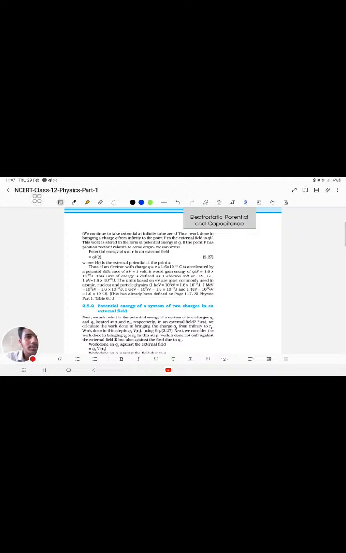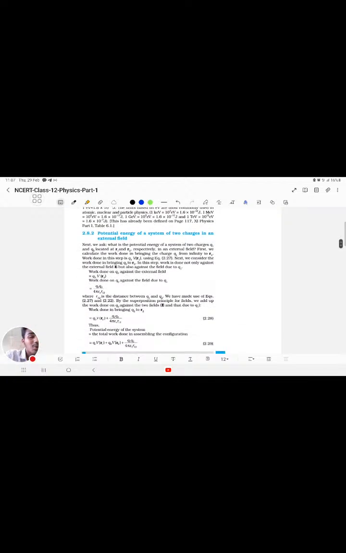The amount of energy gained by an electron in a region of potential difference of 1 volt is 1.6 × 10^-19 joules, which is a unit of energy defined as 1 electron volt or 1 eV, equal to 1.6 × 10^-19 joules. The units based on eV are most commonly used in atomic, nuclear and particle physics.